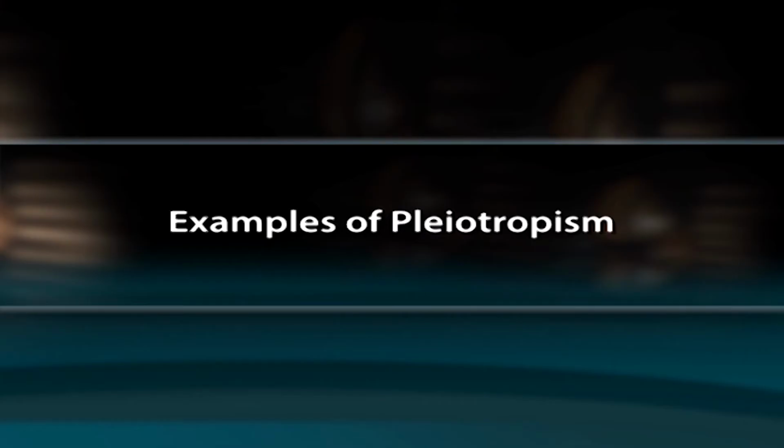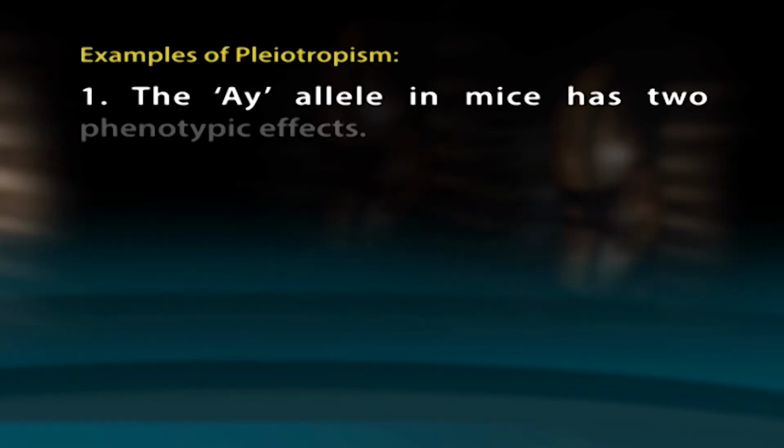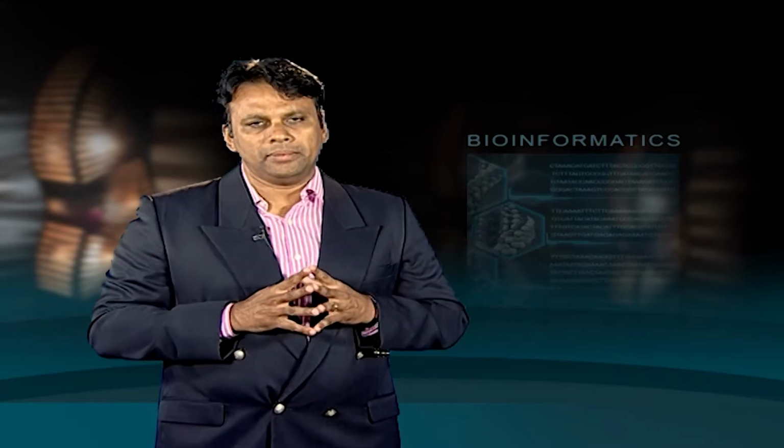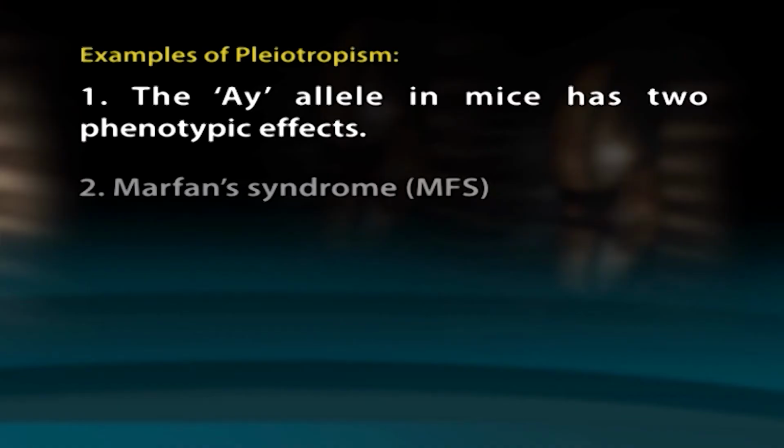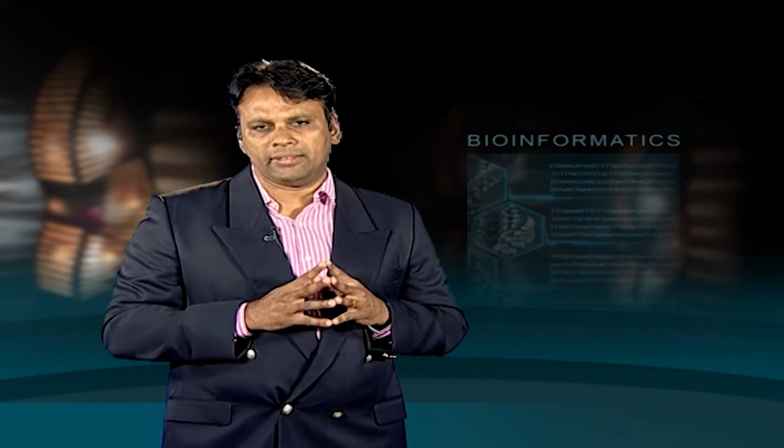Now, let us look into some examples of pleiotropism. 1. The AY allele in mice has two phenotypic effects. It controls lethality and yellow coat color. A second one is Marfan syndrome, in short MFS, an inherited connective tissue disorder in human beings.